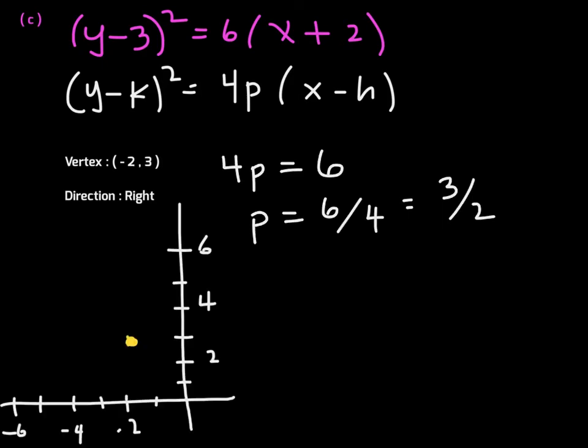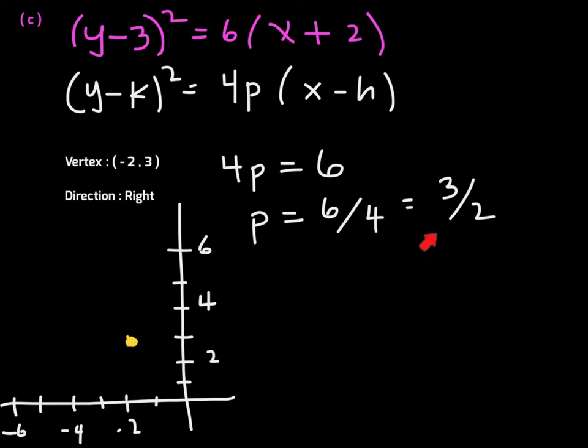So I have our plane here, and I plotted our vertex, -2, +3. Now I know this parabola is going to be opening to the right, like this. That must mean the directrix is over here, and it is a vertical line, okay? Now the directrix will be found by moving p number of units to the left of the vertex.